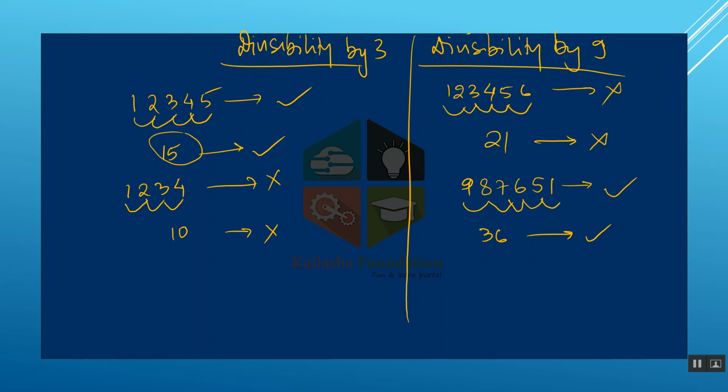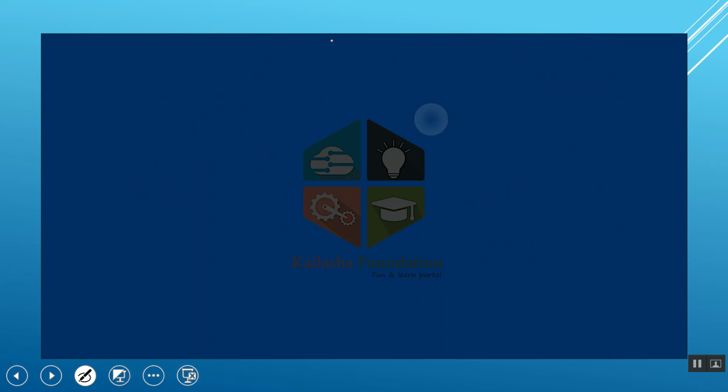Now, divisibility by 0 is discussed, divisibility by 1 is discussed, 2 done, 3 done, 4 is remaining, 5 is done, 6 is remaining. 7 we are not discussing because the divisibility rules for 7 are given in various forms in various books, but those are so complicated that in that amount of time you can do the actual division and check if the number is divisible by 7 or not.